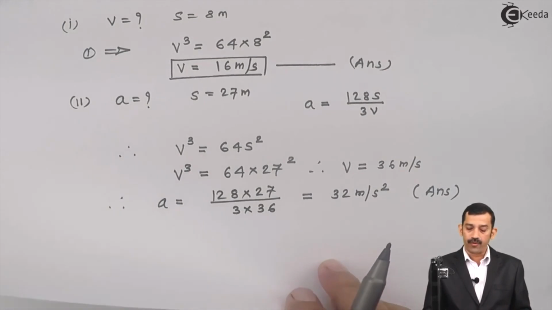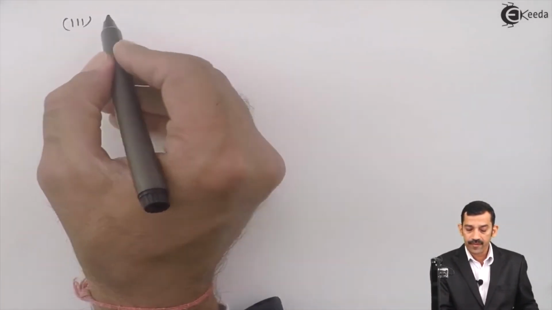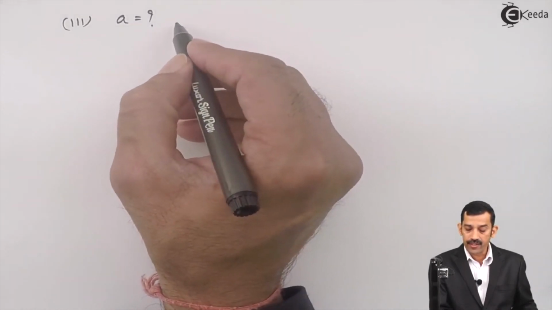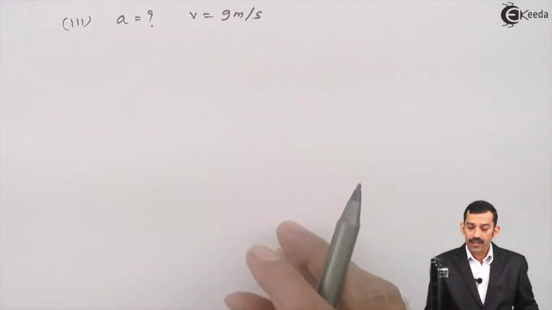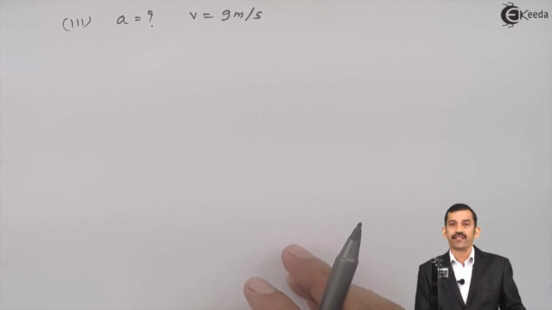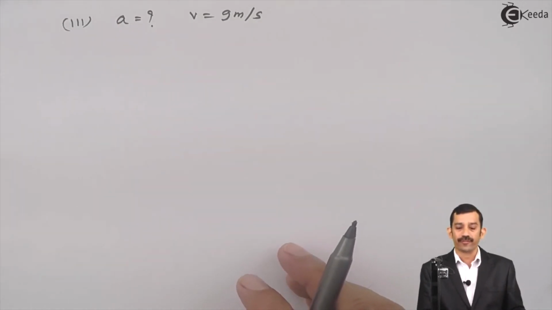Third part of the problem, what is asked here is acceleration. You have to find the acceleration when velocity is 9 meters per second. Now to find this acceleration, again we use the relation that acceleration is in terms of velocity and position.